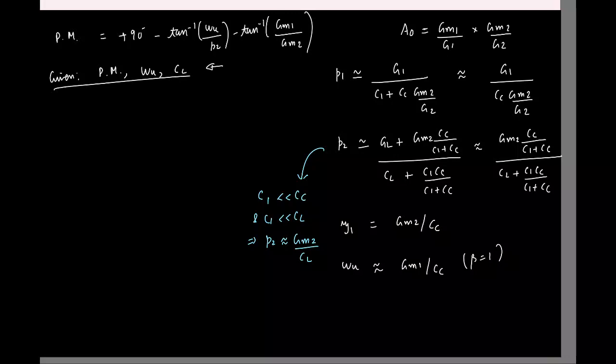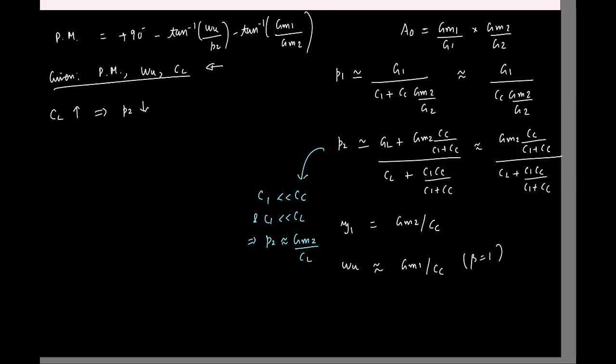So let us say we designed for some specs like this, and say the load cap increases. What will happen? We saw that, but let's quickly do that once again. If the load cap increases, what changes? Location of P2 decreases, right? If P2 decreases, in terms of the specs, what changes?